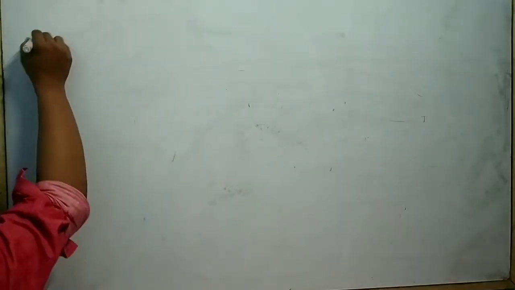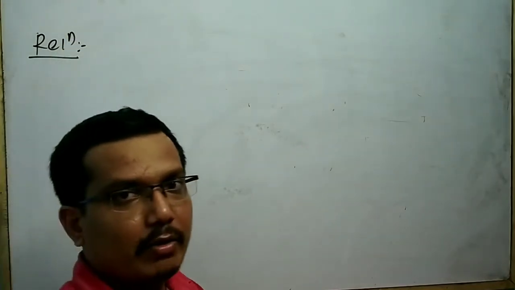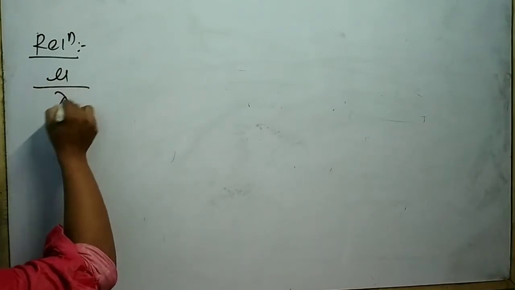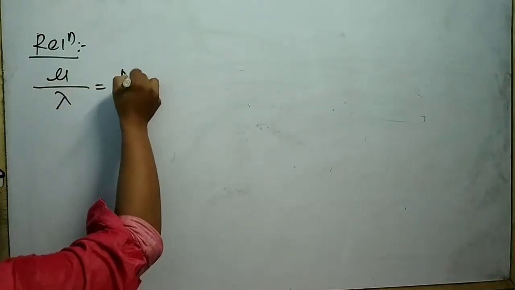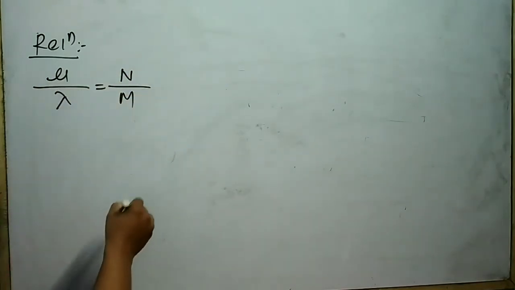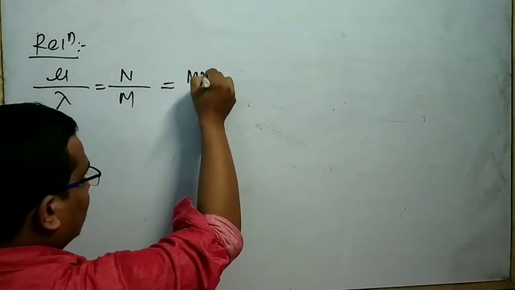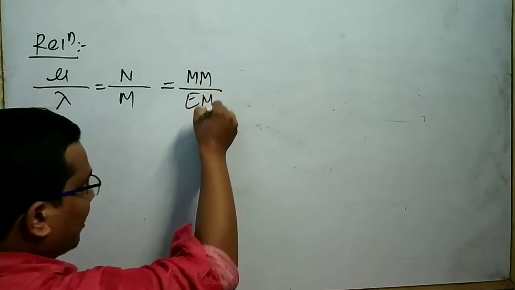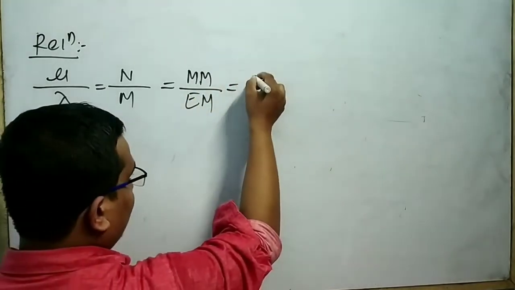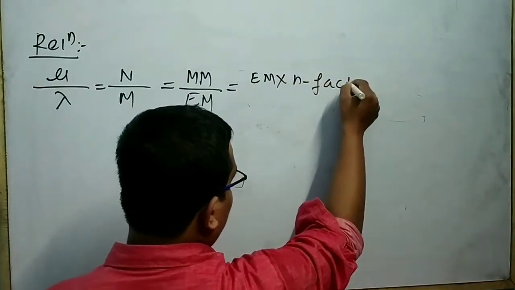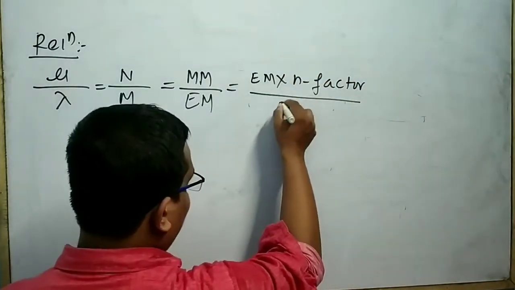Remember a relation between molar conductance and equivalent conductance. Molar conductance by equivalent conductance equal to normality by molarity equal to molecular mass divided by equivalent mass equal to equivalent mass into n factor divided by equivalent mass.